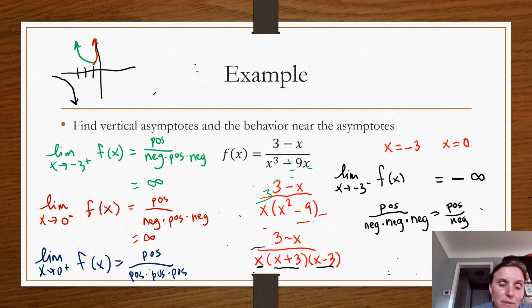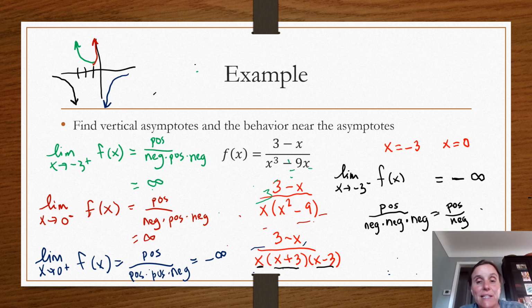No. This would be negative because 0 minus 3 would be negative. So then I have a positive divided by a negative. So this limit would be negative infinity. So that means that if I think about this function as I approach 0 from the positive direction, it's shooting down. Okay. Again, I'm not sketching exactly what that function looks like, but I am giving you a rough idea of what the asymptotes are doing.